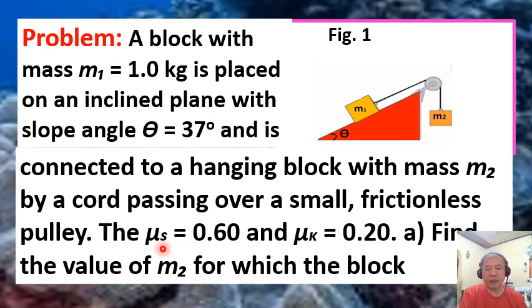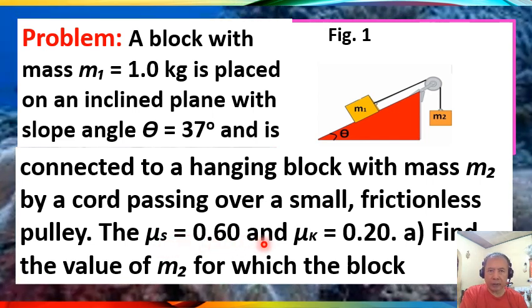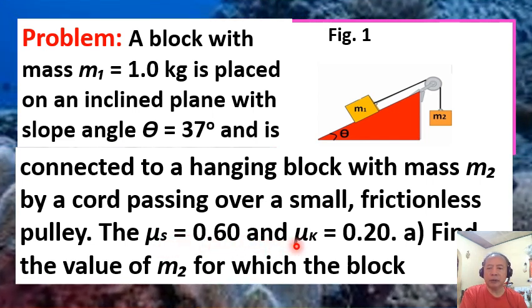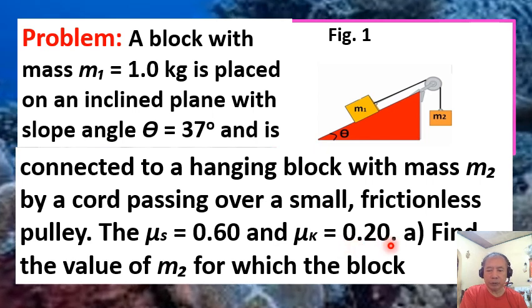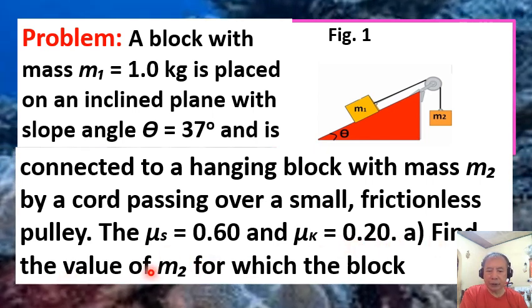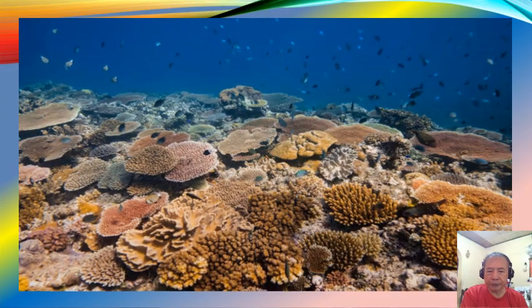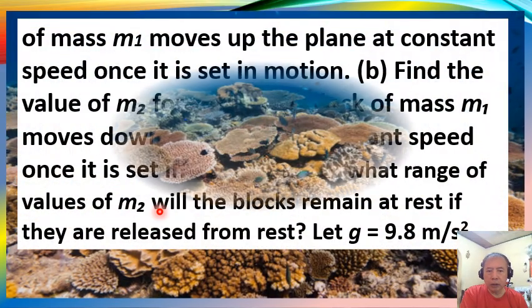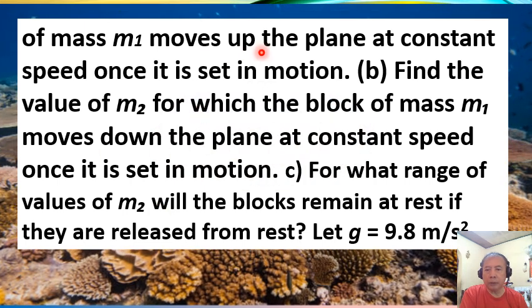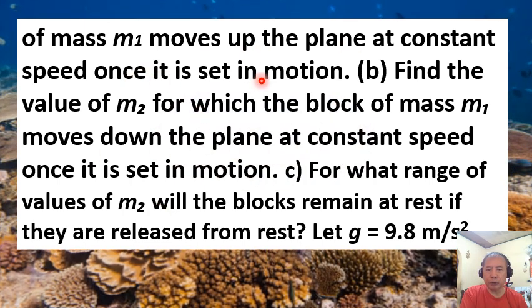The coefficient of static friction is 0.60 and the coefficient of kinetic friction is 0.20. Find letter A, the value of mass m2 for which the block of mass m1 moves up the plane at constant speed once it is set in motion.